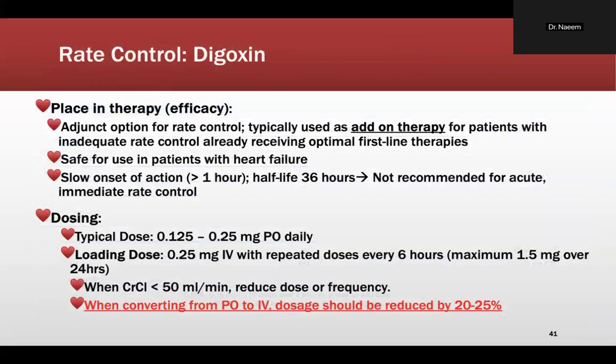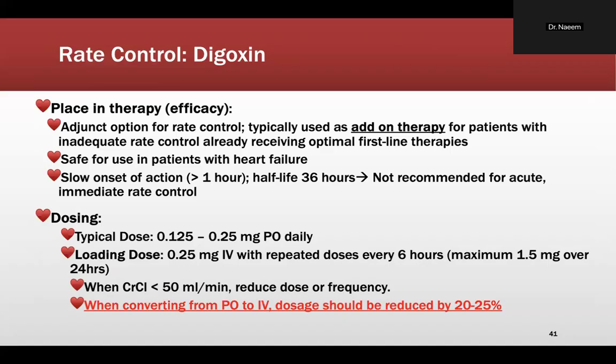And then digoxin, just for the sake of completeness. This is considered adjunct, something that we add on top of a patient getting a beta blocker plus a calcium channel blocker. It's fine for use in patients with heart failure.